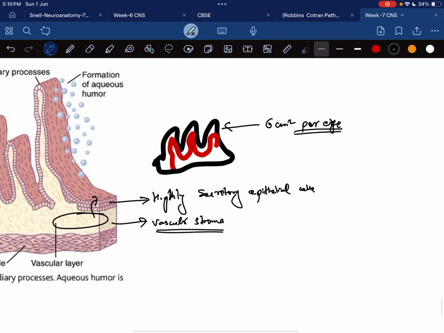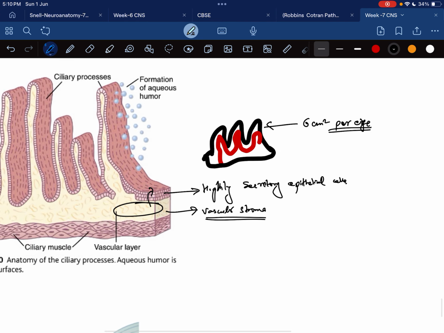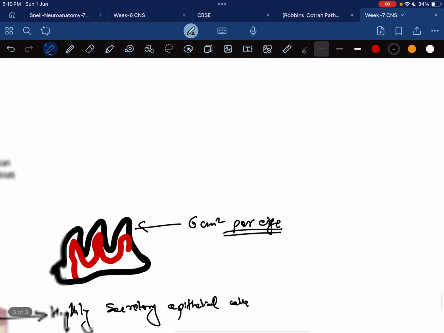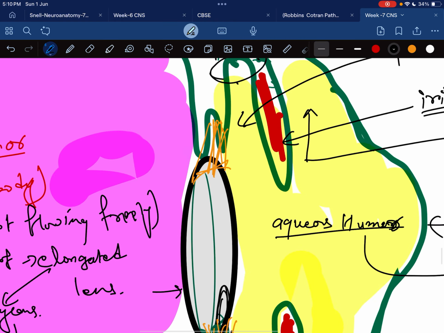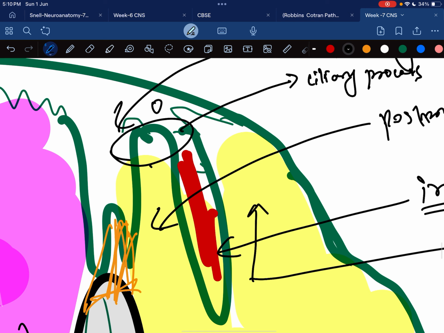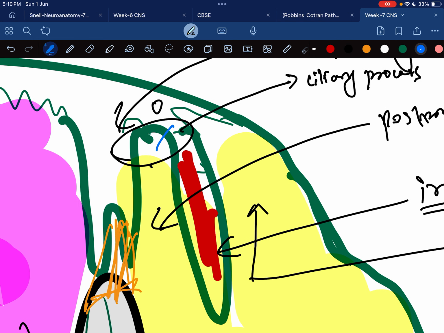When we look at the mechanism of secretion, in this image we can see there is active transport of sodium ions, using ATP. Due to this active secretion of sodium ions, to maintain charge balance, chloride and bicarbonate also come into the posterior chamber.